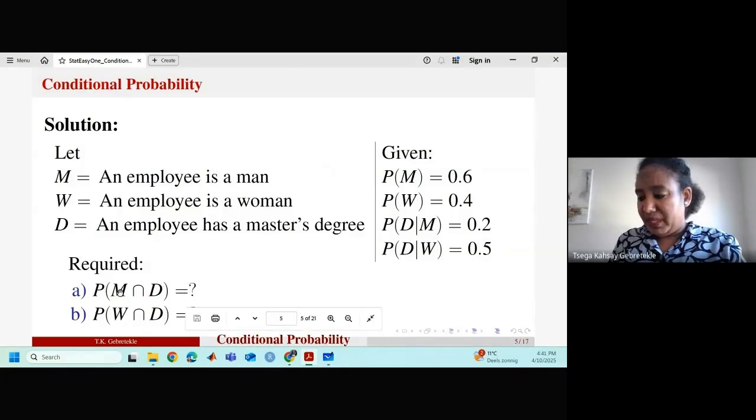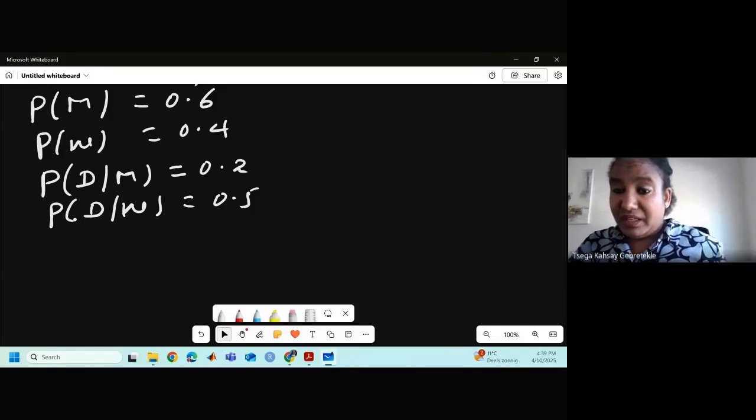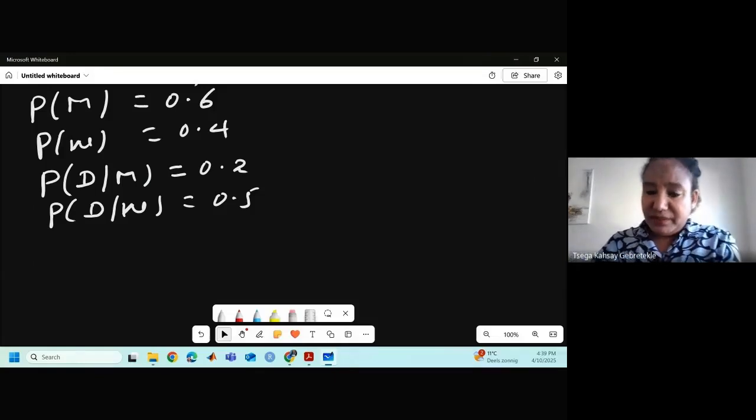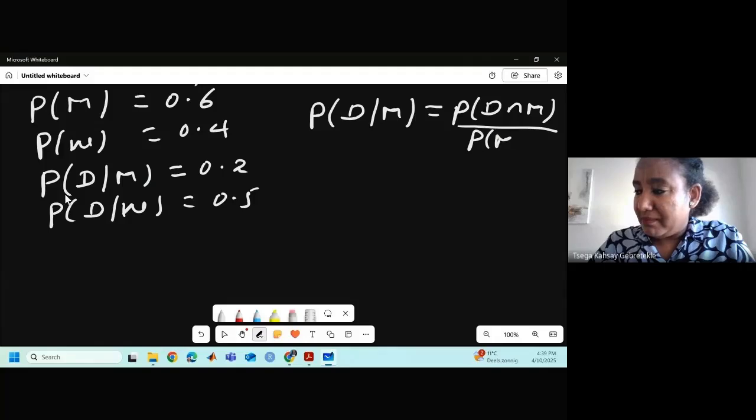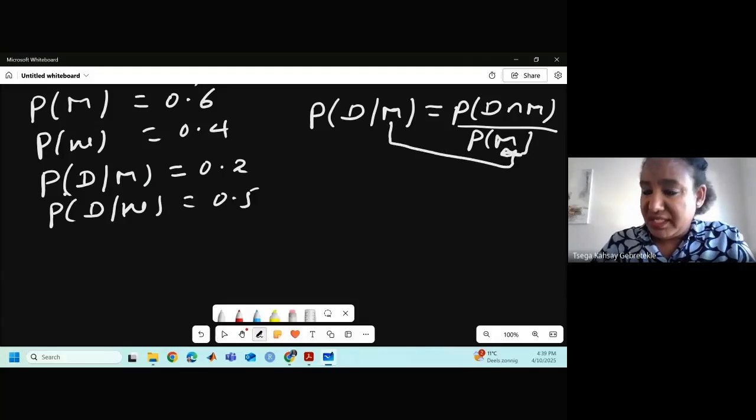A is the probability of M intersection D. B is to calculate the probability of W intersection D. From the conditional probability definition, the probability of D given M is the probability of D intersection M divided by the probability of M, because always the probability of the given event is the denominator.